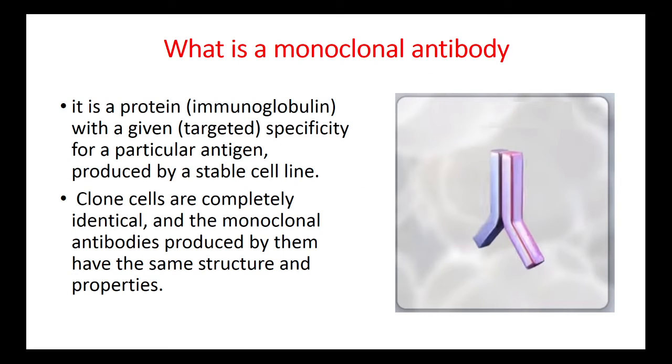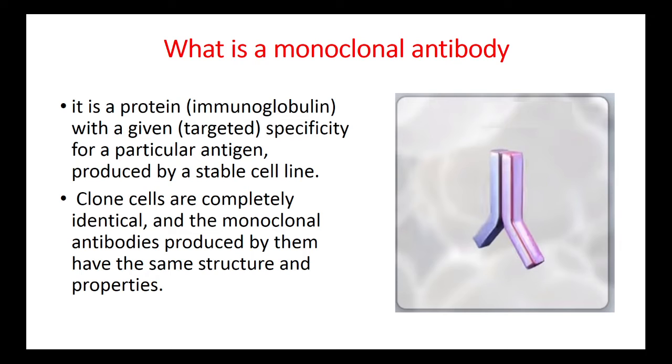And look at these pictures. It is the antibody structure. It is the antibody which we have. This is a protein, immunoglobulin, with a given targeted specificity for a particular antigen. This information is given by antigen-presenting cells to B cells and T cells, and they generate antibodies with special antigen information about viruses or about any gene.